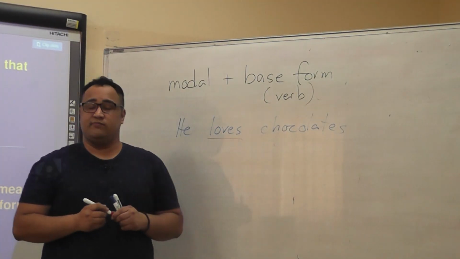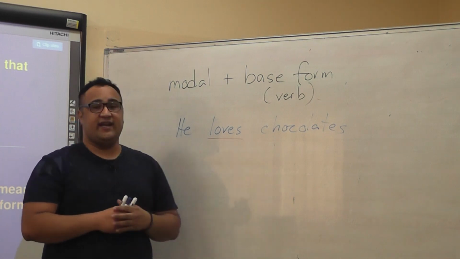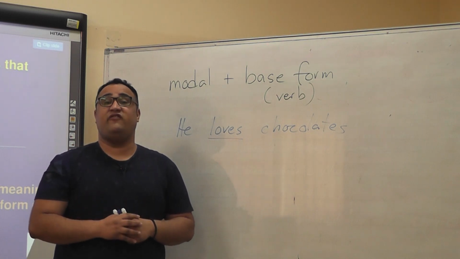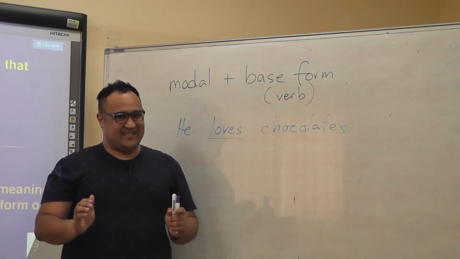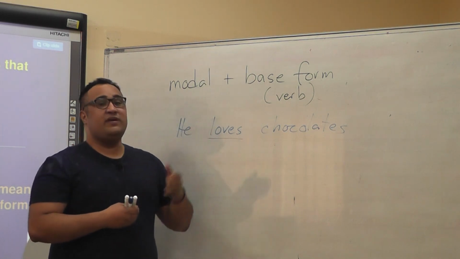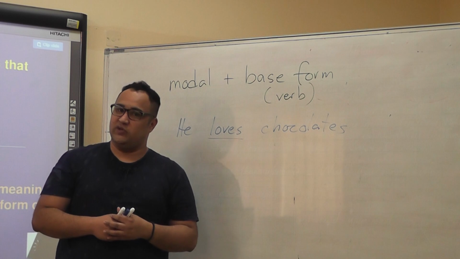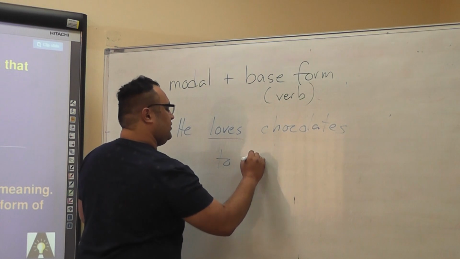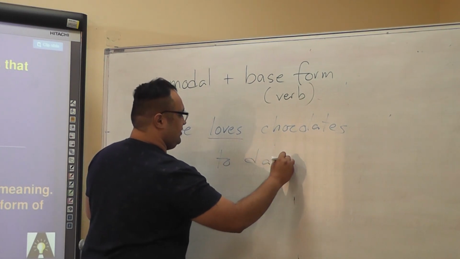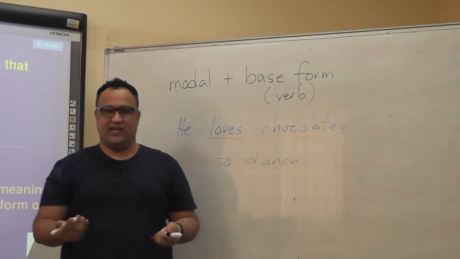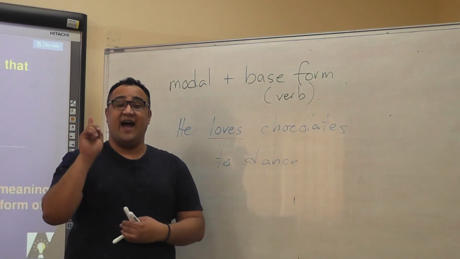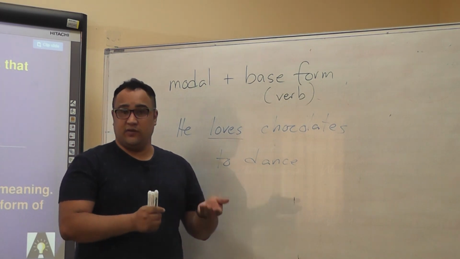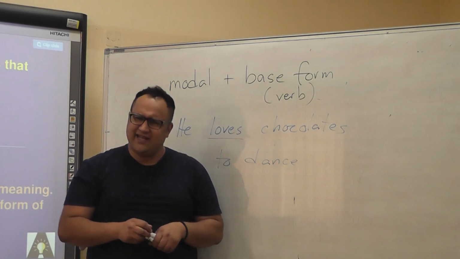But when we use a modal, we set aside the subject-verb agreement. Also, we set aside the infinitive verb unless the modal being expressed already makes use of to. So what is an infinitive? That is to plus a verb, like to dance, to cook, to drive, to sing. We set that aside as long as there is no to in the modal expressed. Okay, so let us start.